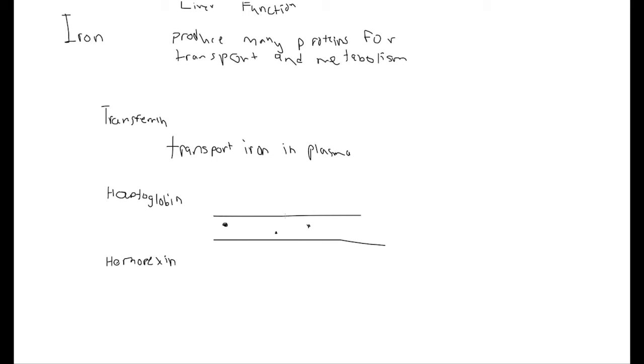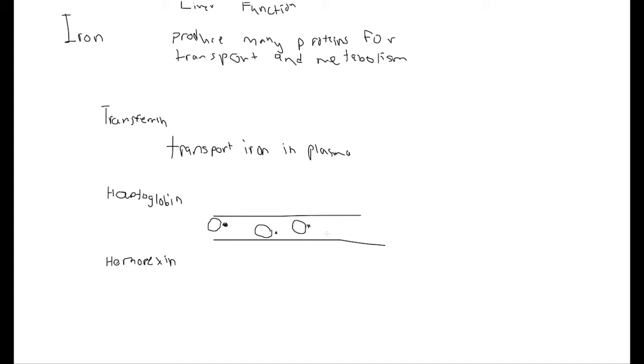What it's going to do is bind to these hemoglobins. So I'll draw this circle to represent haptoglobin. This is not an accurate depiction of the relative sizes. I'm just drawing them different sizes so that you can tell the difference. Haptoglobin is not necessarily this big compared to the free hemoglobin. But anyways, it's going to bind to the hemoglobin.